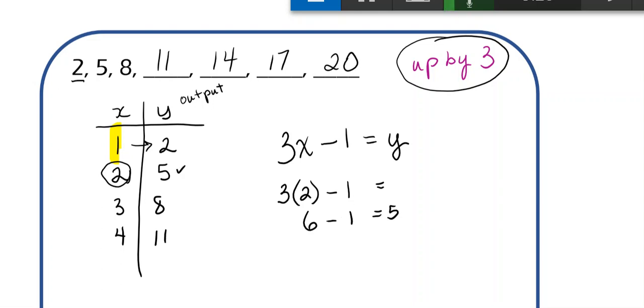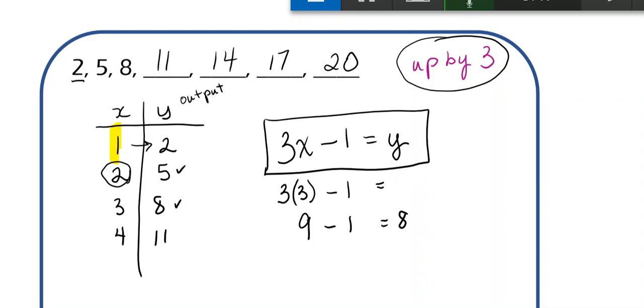And this rule is really, really powerful because if I keep changing what my input number is, so in this third case, I multiply by 3, this becomes 9 minus 1, which is equal to 8, and that's kind of what I was expecting. So it's a really interesting rule, this one right here, that helps us connect and describe every number that's in this particular pattern.